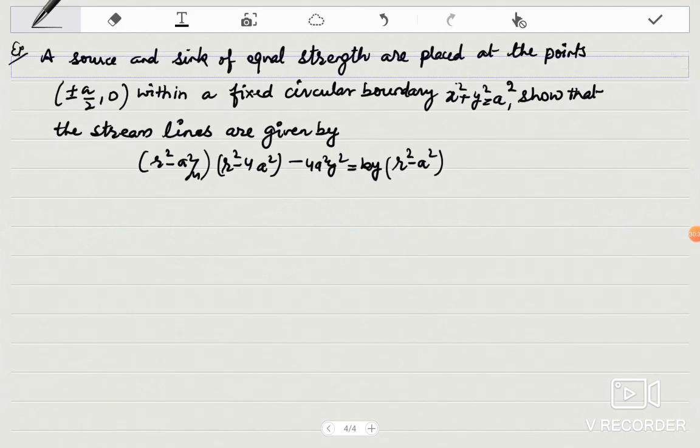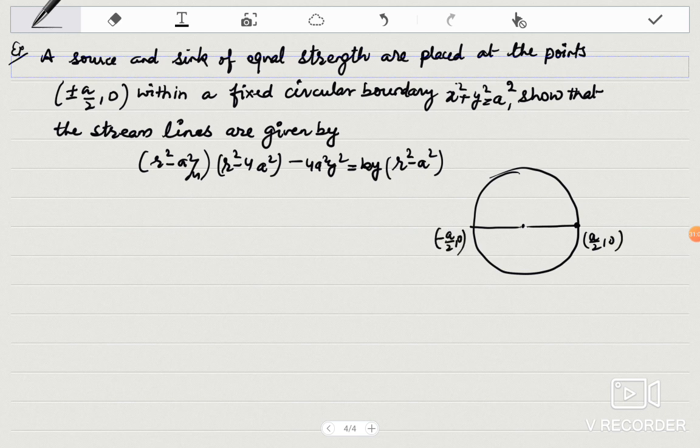Look at this example. It says a source and sink of equal strength are placed at the points plus minus a by 2, 0 within a fixed circular boundary. So if I draw a circular boundary and I want to place these sources and sinks, naturally this point is a by 2, 0 and this point is minus a by 2, 0.